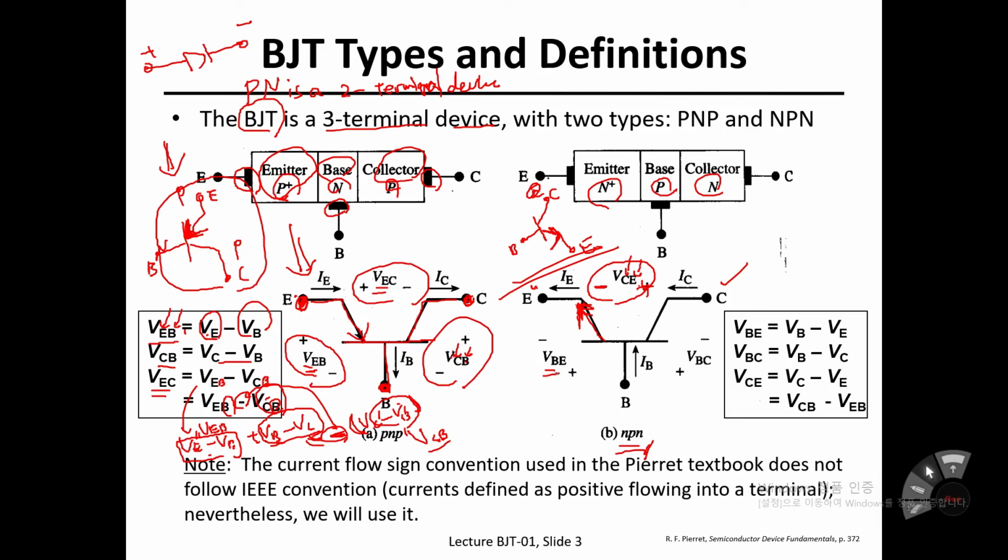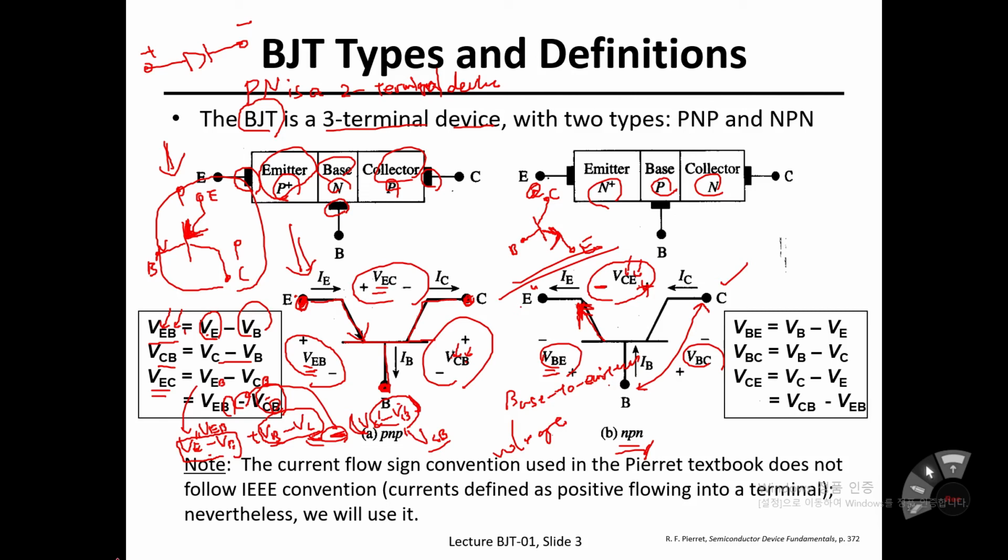So VBE means base to emitter voltage. Okay, so V sub BE, and that is base to collector, so base to collector. So this is the voltage difference between base and collector.